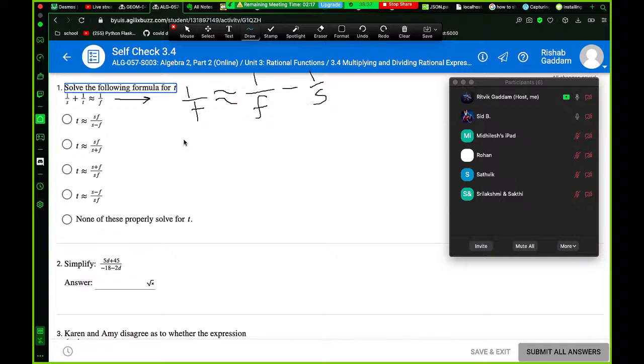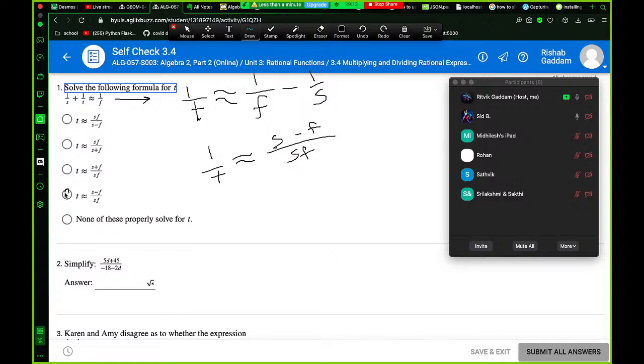So that makes 1 over t equal to s over fs minus f over fs, and yeah, that's the answer.